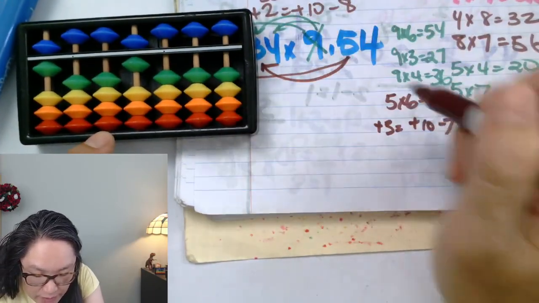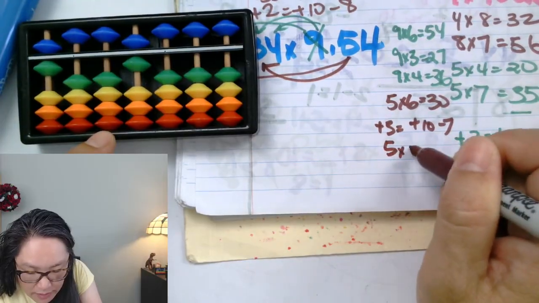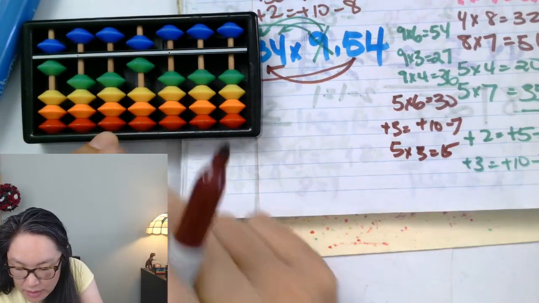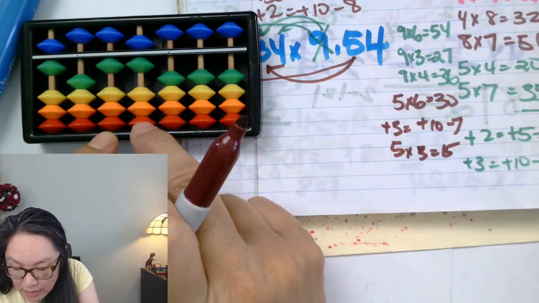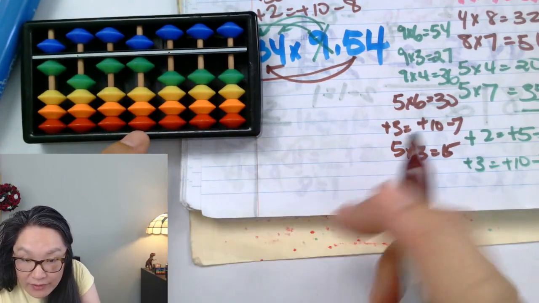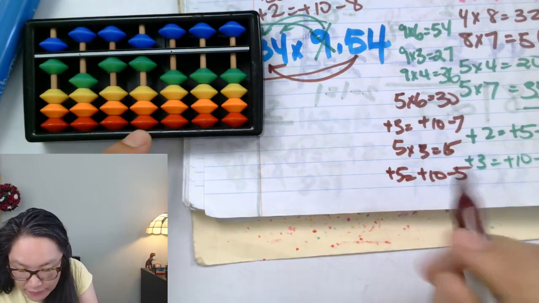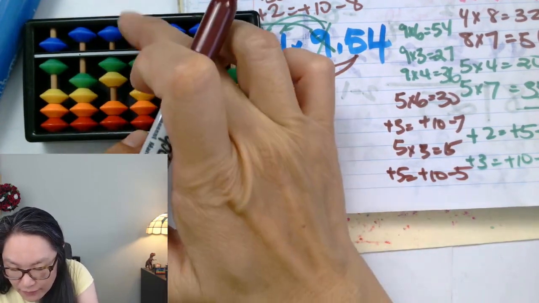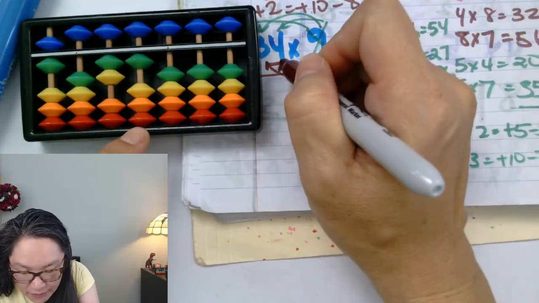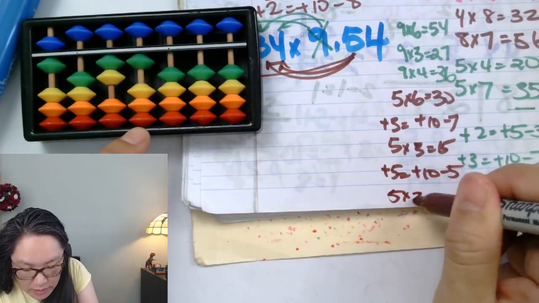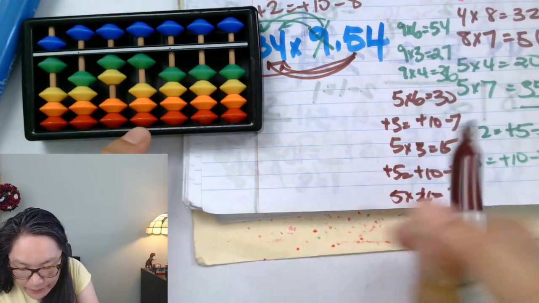5 times 3 is equal to 15. Take away, add the 1, add the 5. Plus 5 is what? Plus 5 is equal to plus the 10 minus 5. Plus the 10, take away 5. 5 times 4 is 20. Add 2, add 0.